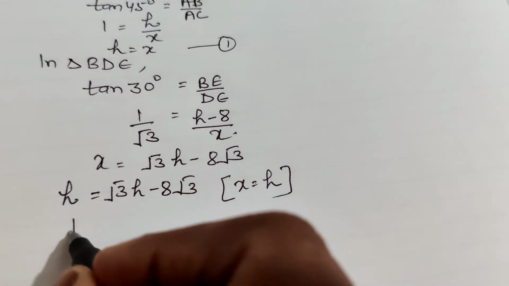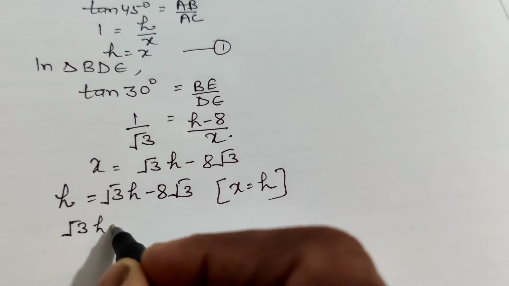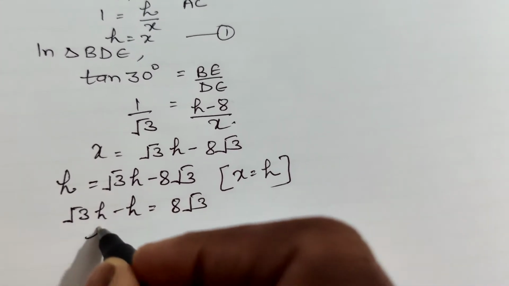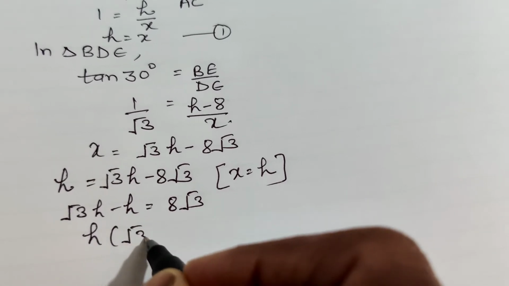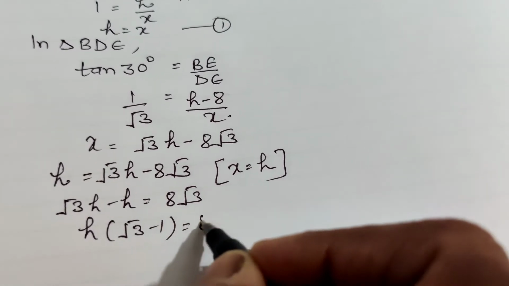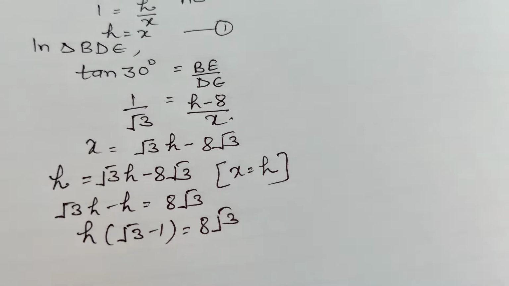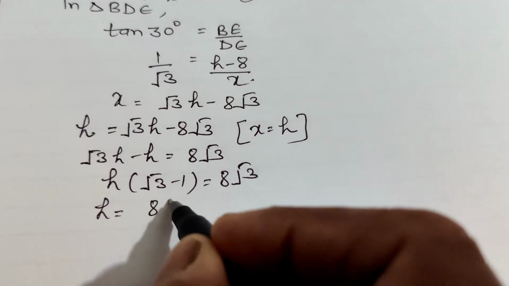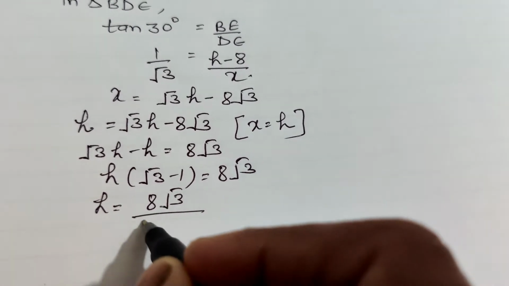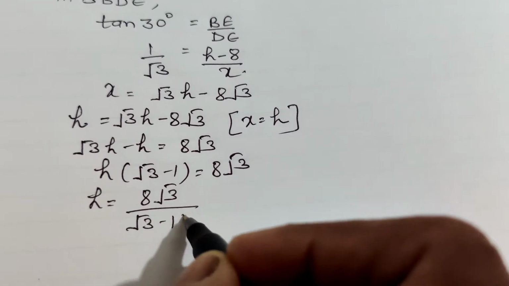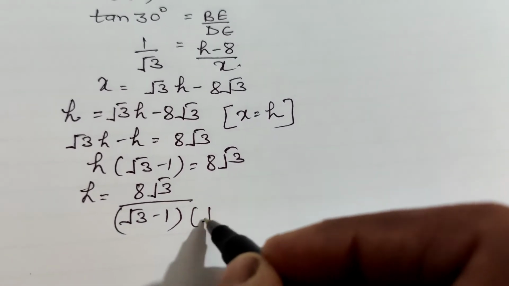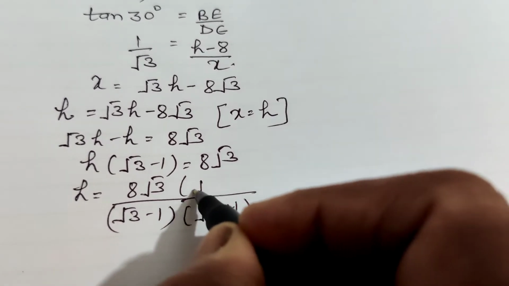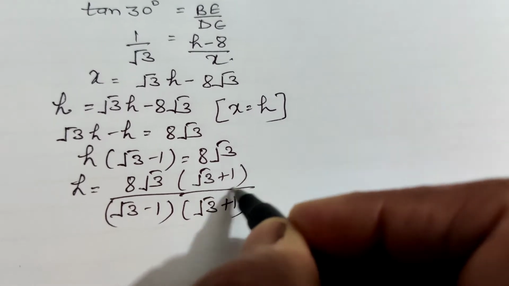Root 3 h minus h equal to 8 root 3. h common, root 3 minus 1. Now divide: 8 root 3 divided by root 3 minus 1, and rationalize the denominator by multiplying root 3 plus 1 in numerator and denominator.